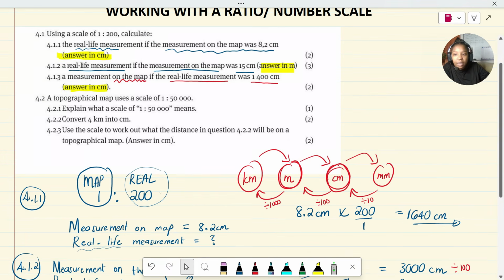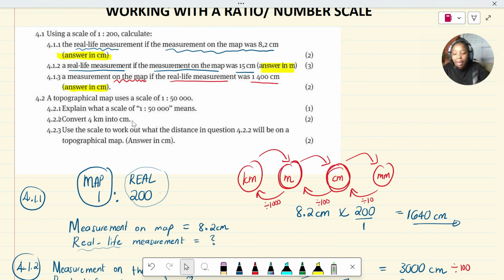Right, cool stuff. Now let's have a look at the next question. Question 4.2 says, a topographical map uses a scale of 1:50,000. So what is a topographical map, ladies and gentlemen?